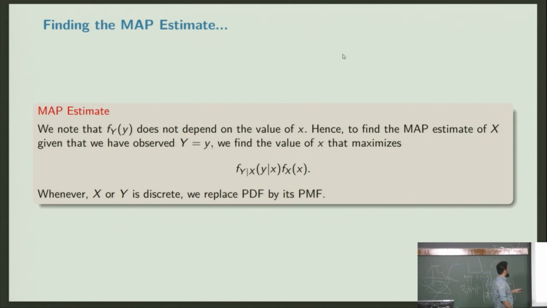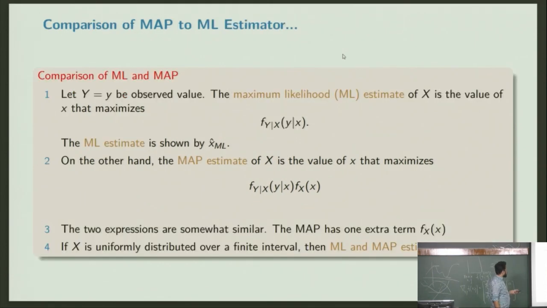If you look at the Bayes rule, the denominator has nothing to do with it, because it's a maximization over x. So we can get rid of the denominator completely, and it's only about maximizing f of y given x. If we compare it with the maximum likelihood estimate, the MAP estimate differs in that it brings in the prior distribution as well.